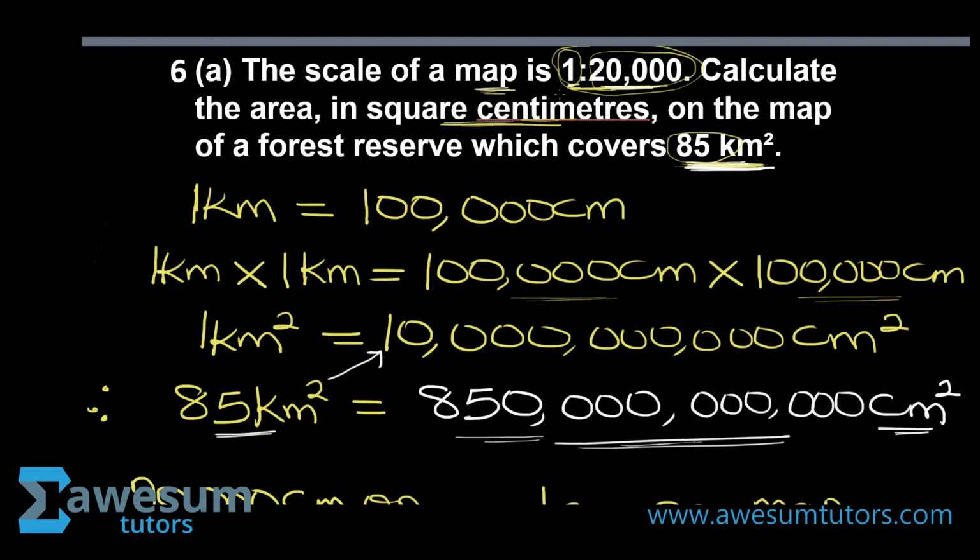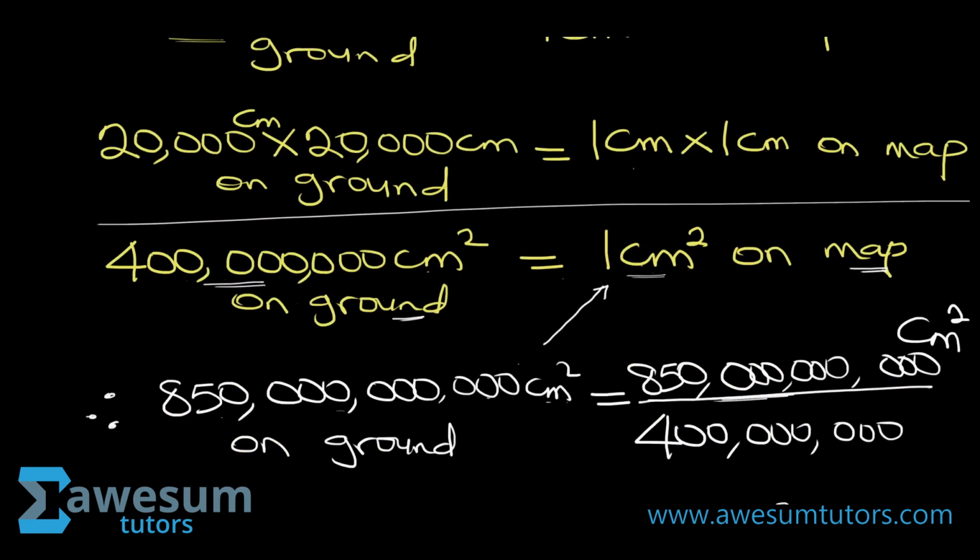Now this scale means 20,000 centimeters on the ground measures 1 centimeter on the map. So we converted this also to centimeter square, and we said that 400 million centimeter square on ground will give us 1 centimeter square on map.